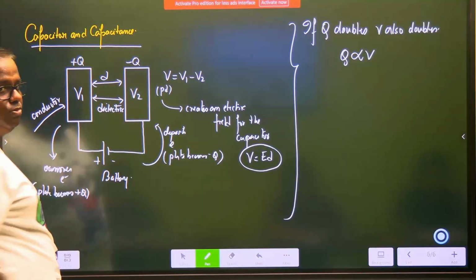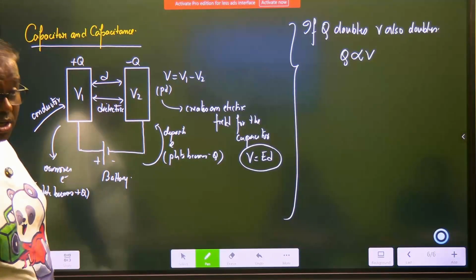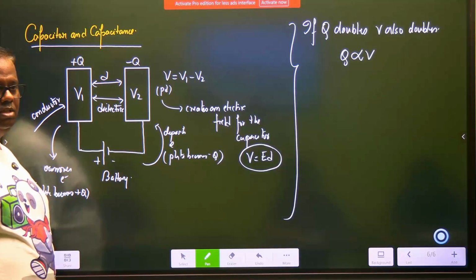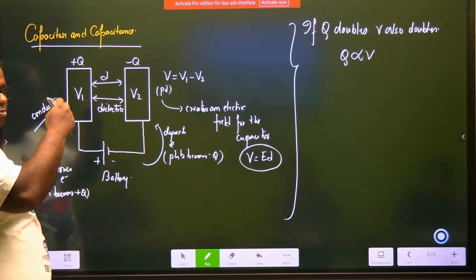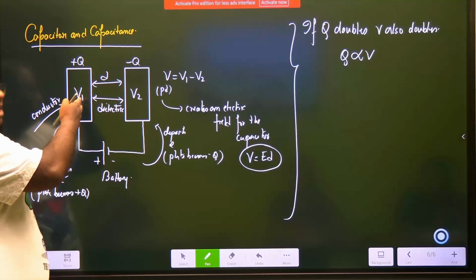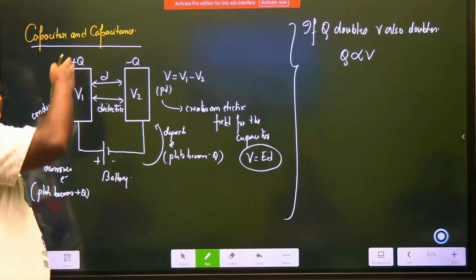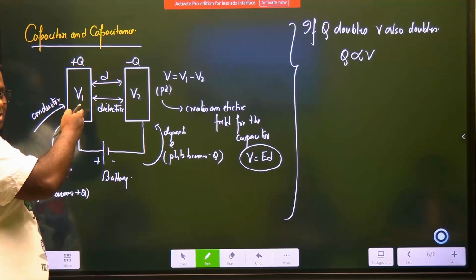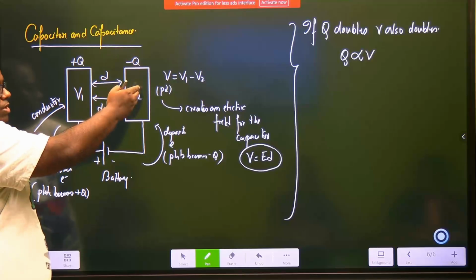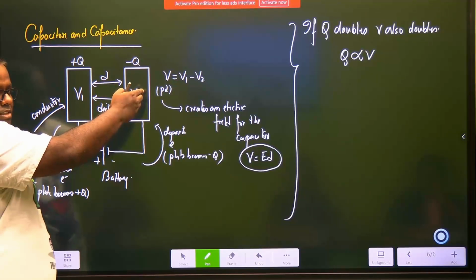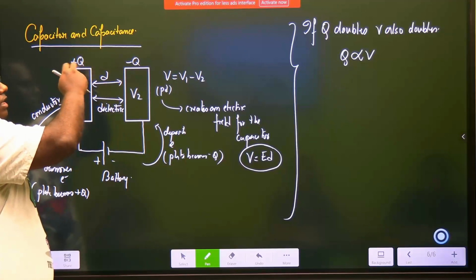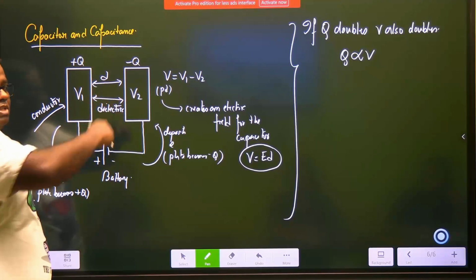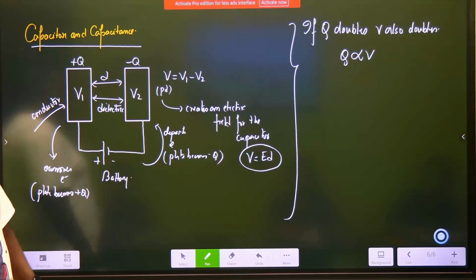If the voltage was V, now the voltage will be 2V. Voltage means voltage difference between the two. At 5, if it was 10, at 10 it will be 20. So when you have made it 10 on either side, the difference has also doubled, which was 5 has now become 10.